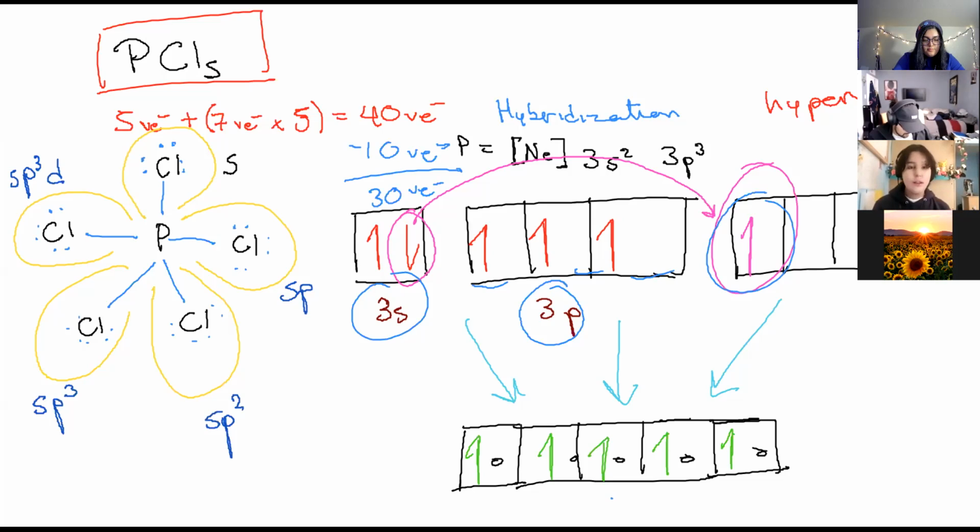This is why it doesn't follow the octet rule. It's like, I don't care about that stinky octet rule, I'm going to put that electron over on the d orbitals, because I can. It's weird.